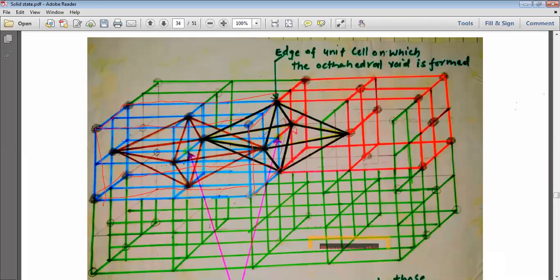So such 11 other edges are available, my dear students. And all these 11 edges have 1/4. So the total 12 edges have got 1/4 of the octahedral void.